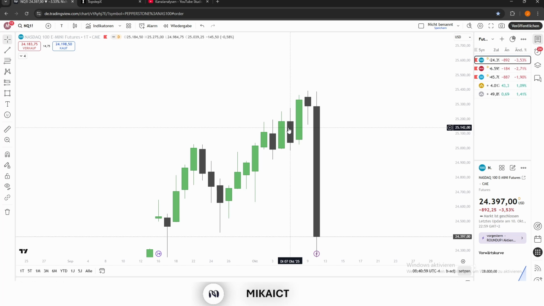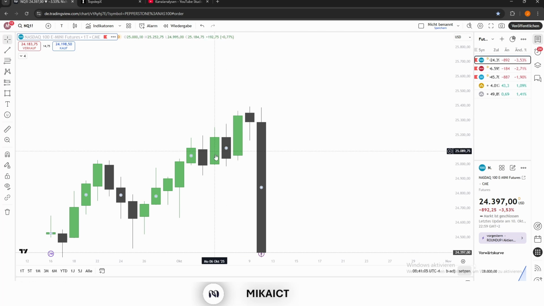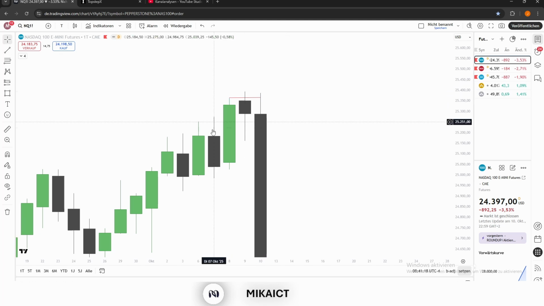So at first we had the Monday open here. Monday was here, and you can see we had a really strong, not a pump, but a bullish structure here. But what made me still bearish was this swing here. What I always look for is first the general swing, so the general trend.